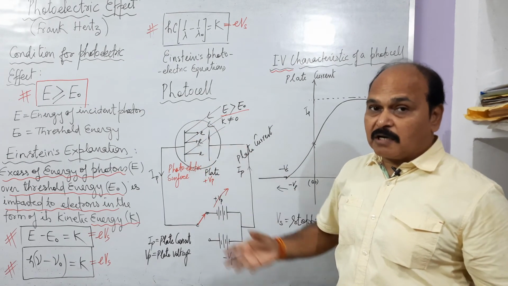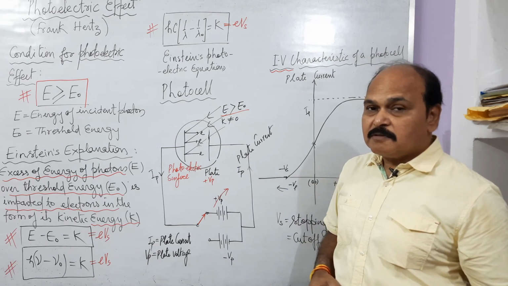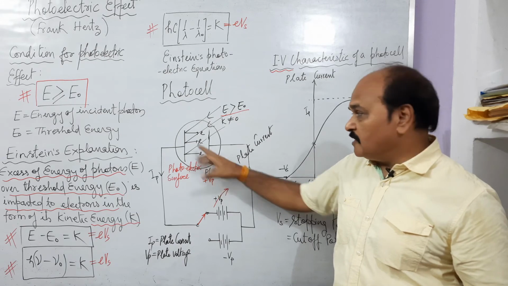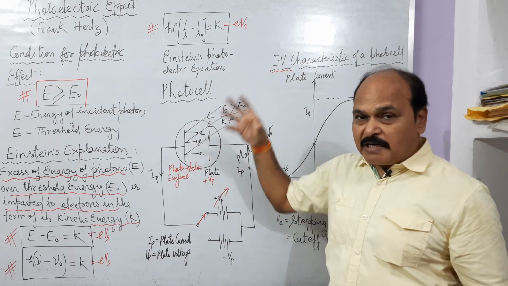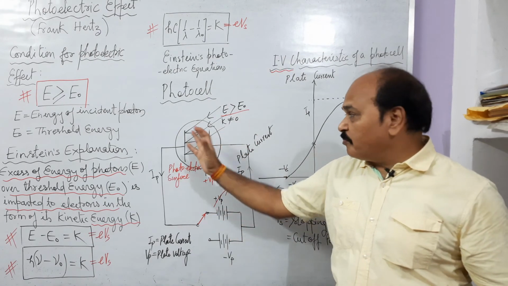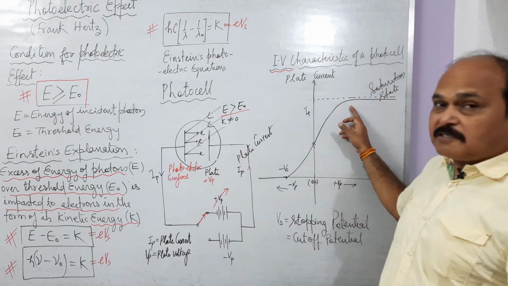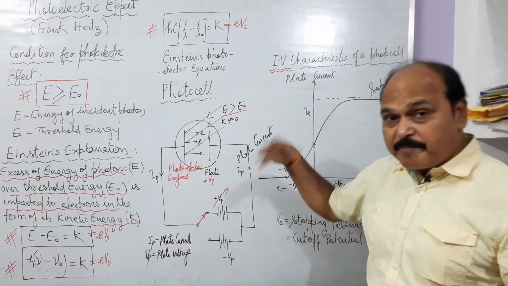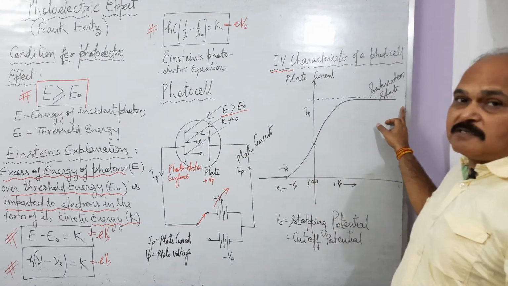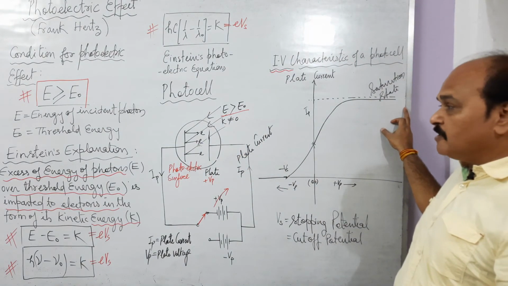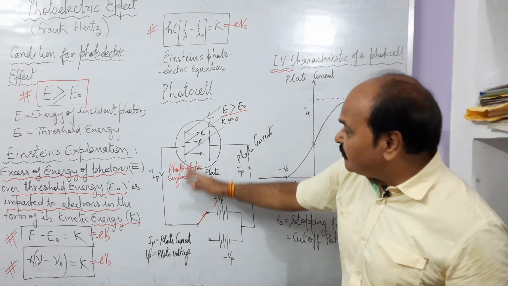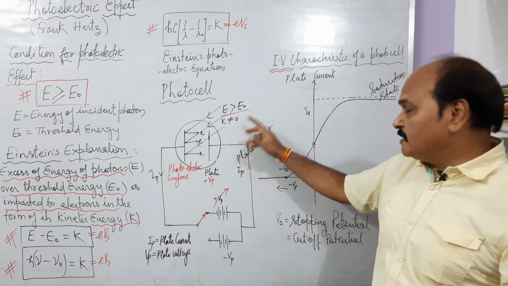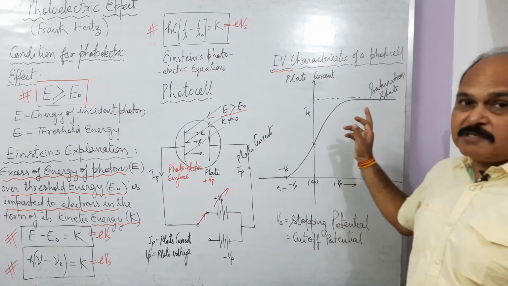That is also called an electron cloud. As we give positive charge to this plate, these electrons from the electron cloud are also pulled towards the plate. When all the electrons in the electron cloud have been pulled, the current becomes constant. So in this saturation state, as many electrons as are emitted from the plate, all of them reach the plate. And in this situation, the value of current becomes constant.